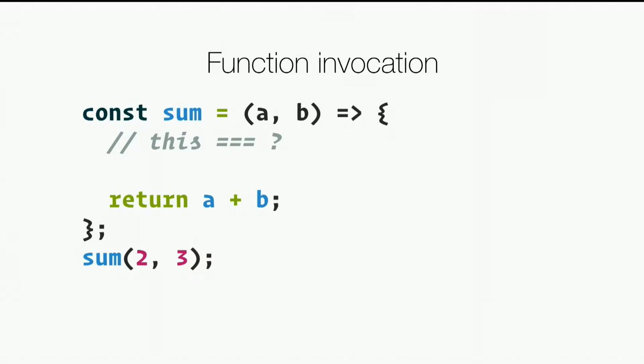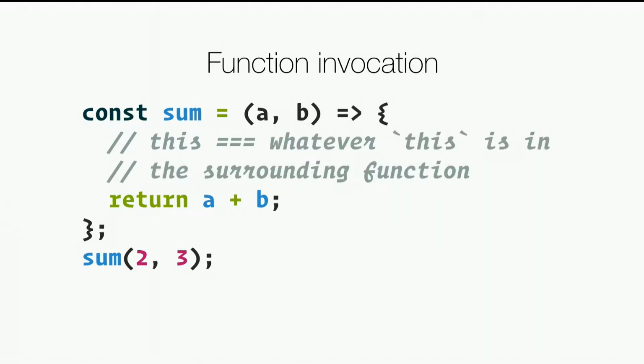So what's the difference here? We're still invoking the function the same way. But now that function happened to be defined with the arrow. Now we need a little more information. This may or may not be window. This will be whatever this is, basically on the line before we created that function.